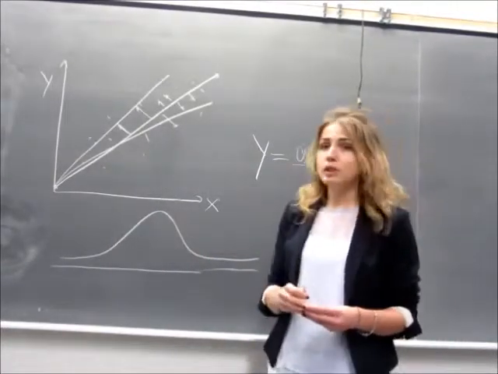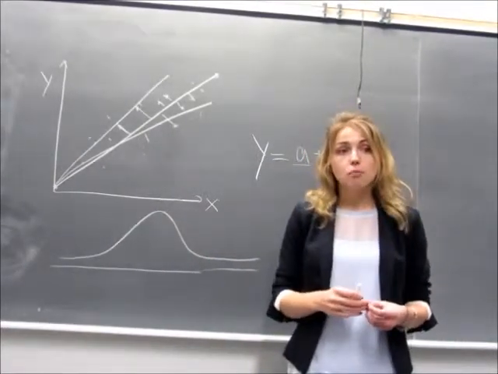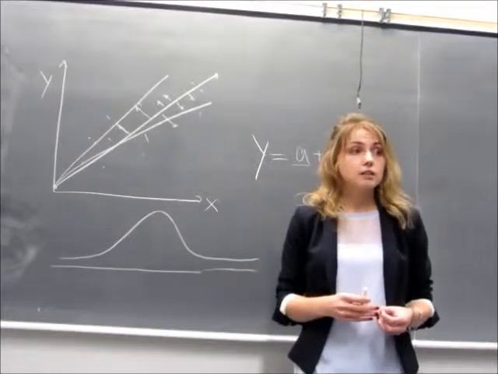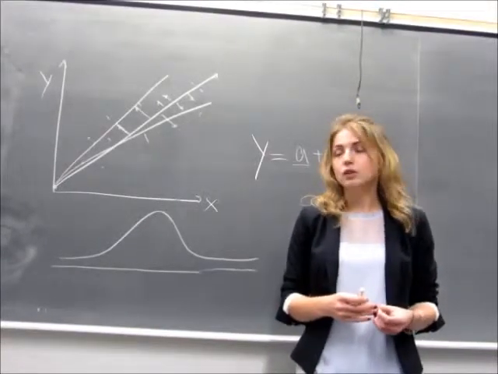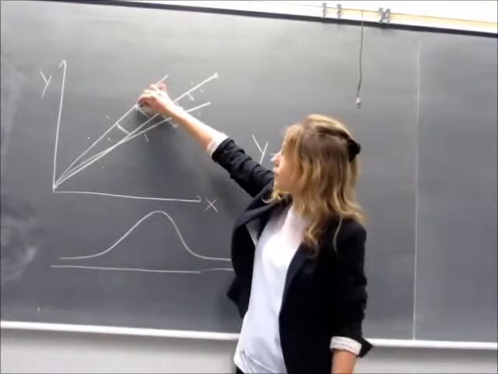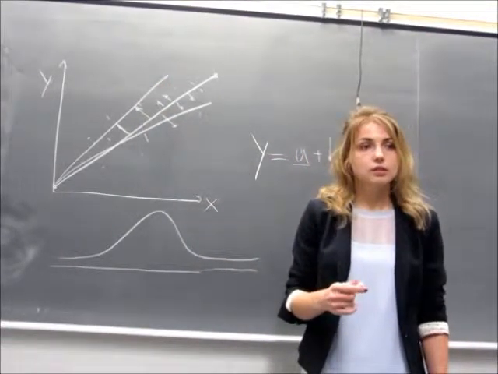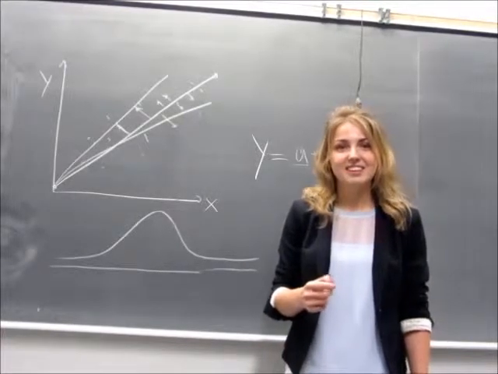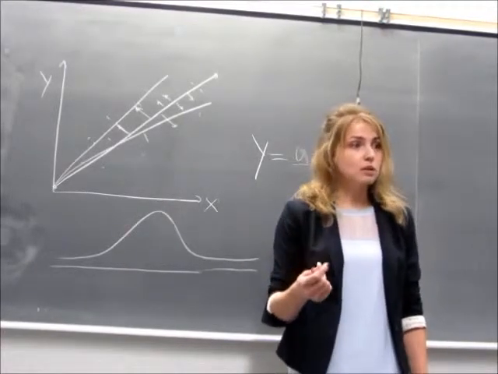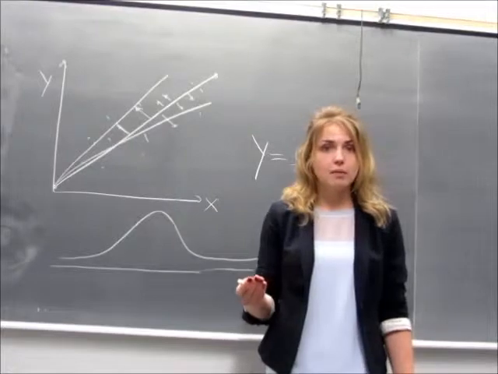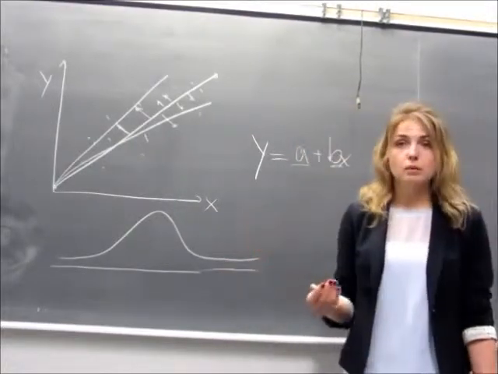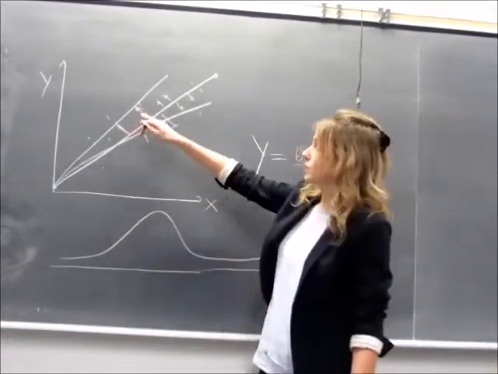So how do we judge how well the line fits the data, or how do we decide if our variance is low enough? Iterate. Exactly. We want to iterate because it's an optimization problem. The thing that we want to look at is the difference.